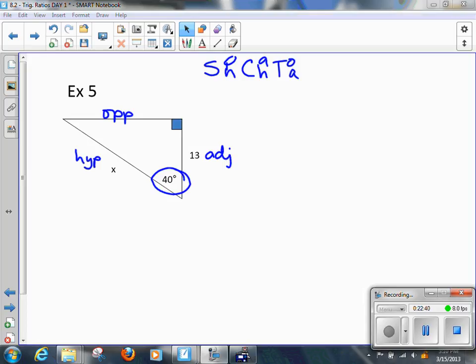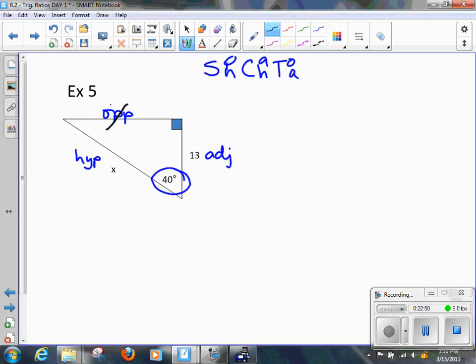All right, so here we go. Opposite is the one. Why do we mark that one out? Because I don't know anything about it, so mark it out. So if I mark the O out over here on the triangle, what do I come over here and mark out? Everything that has an O. So I guess I use which one?